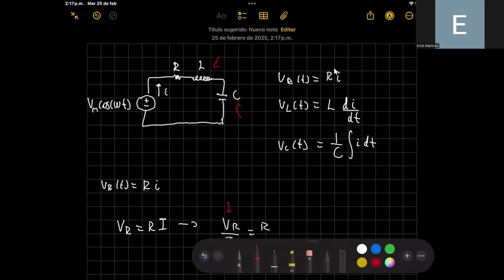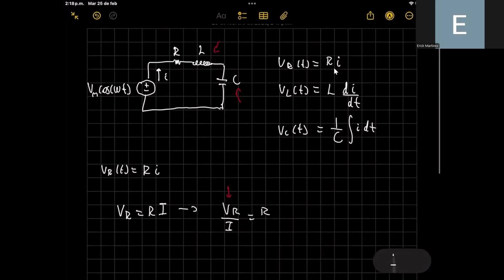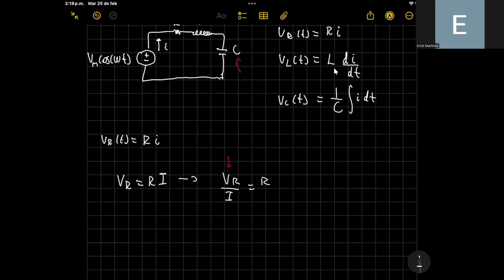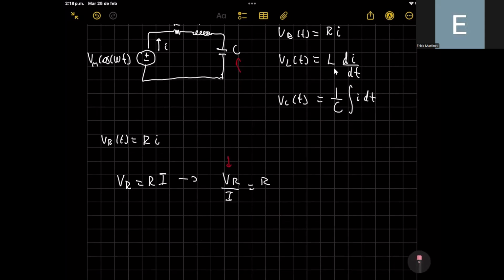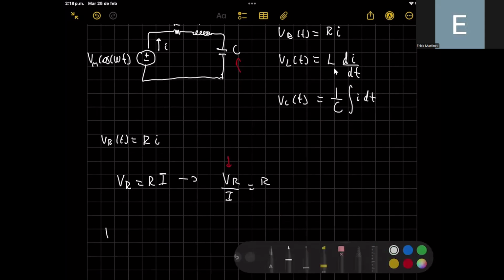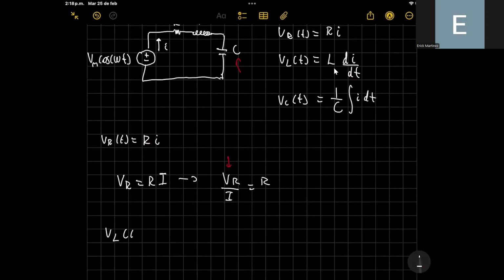Well, there is a problem here. The voltage of the inductor that depends on time is equal to the inductance times the derivative of the current with respect to time.